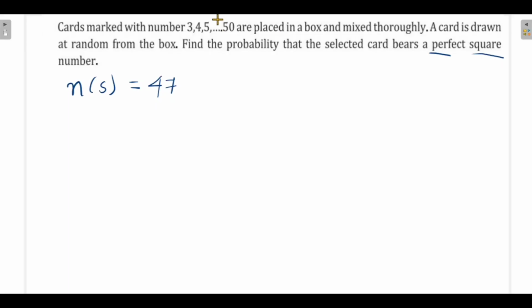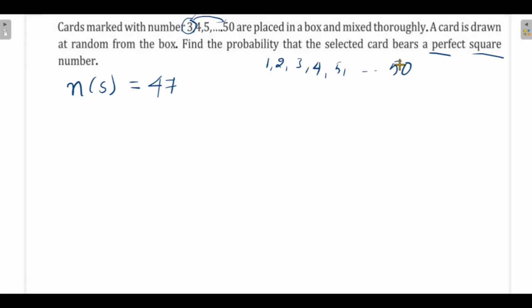Here first the numbers are taken from 3 to 50. Okay, here the number 3 is also included. That's why we have to include 3 also. That means we have to leave the first two numbers, 1, 2, and count 3, 4, 5 like this up to 50.